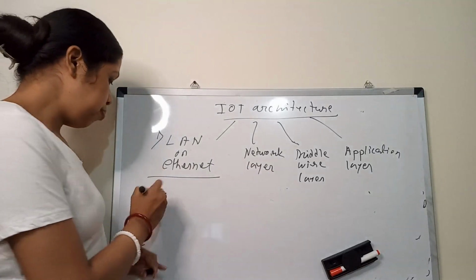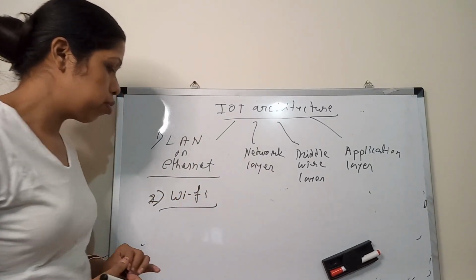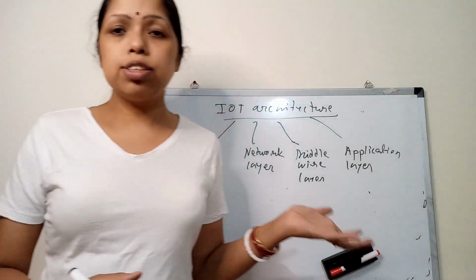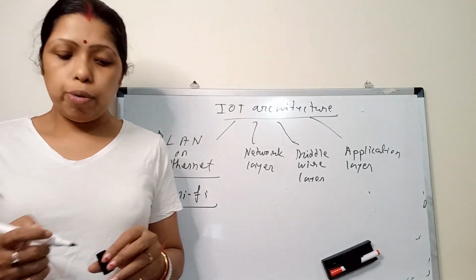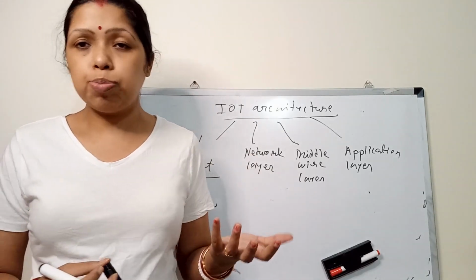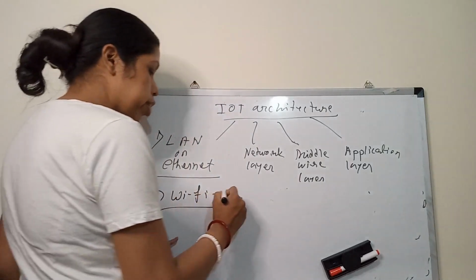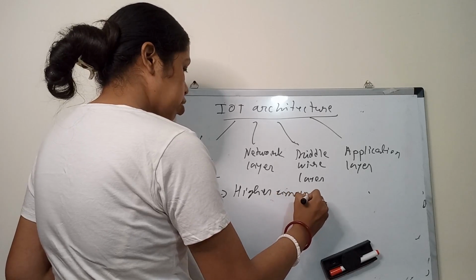Next is the Wi-Fi. Wi-Fi is widely used for IoT devices and IoT platforms. By using Wi-Fi, you can transfer a higher amount of data at higher speed.